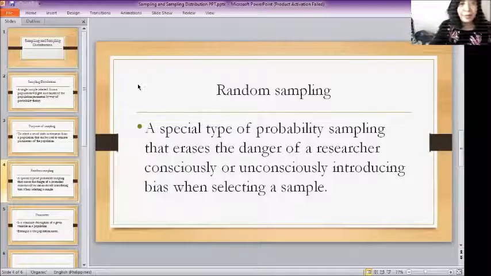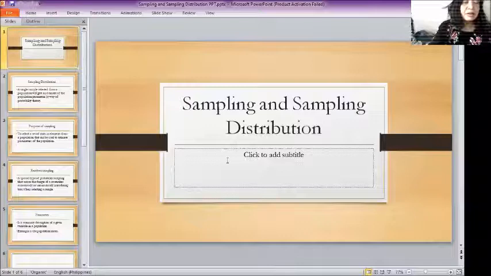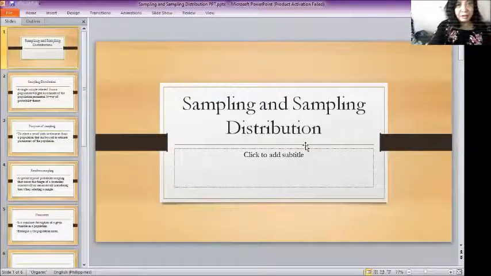This PowerPoint is about our topic, sampling and sampling distribution, but it merely considers some of the salient points that you should understand regarding sampling and sampling distribution.